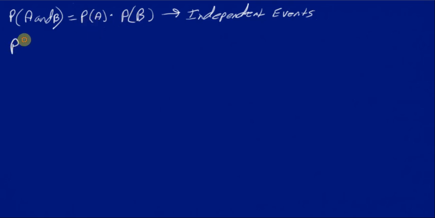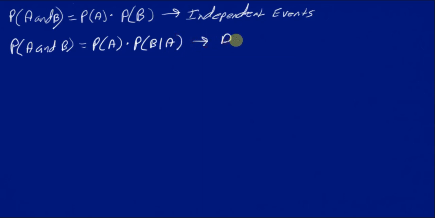The other way, we're going to do the probability of A and B. It's going to equal the probability of A, but now times the probability of B given that A has occurred. And this is for dependent events.